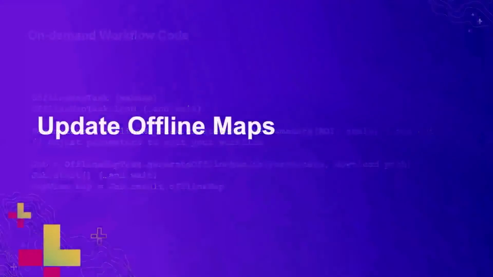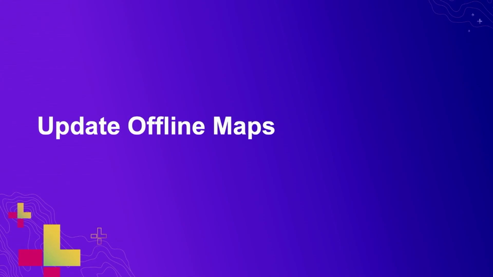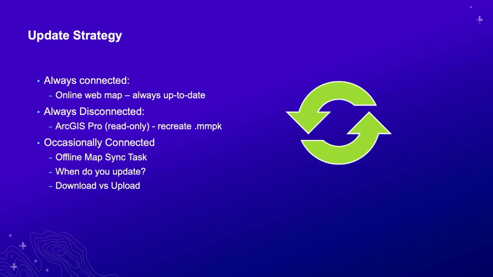So when you've got your map offline, what about if things change on the server? How do you update your offline map? So it depends really on how you're getting the map on your device. If you're always connected, then you're always up to date.